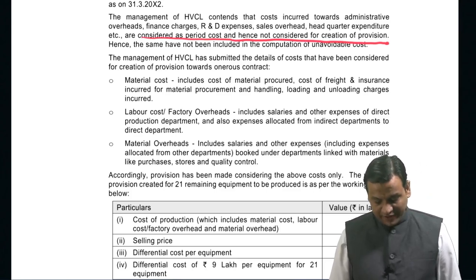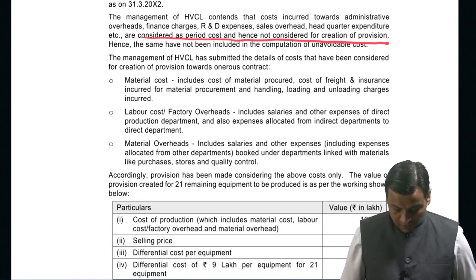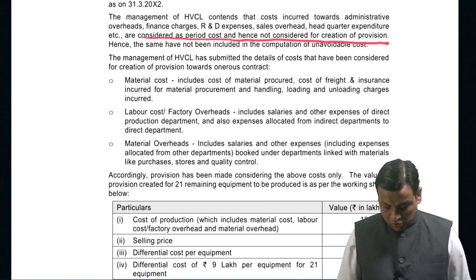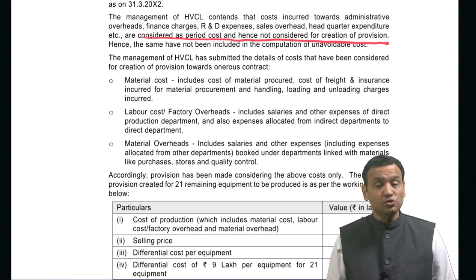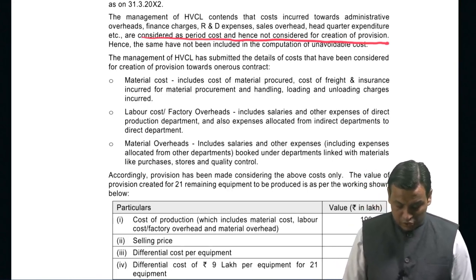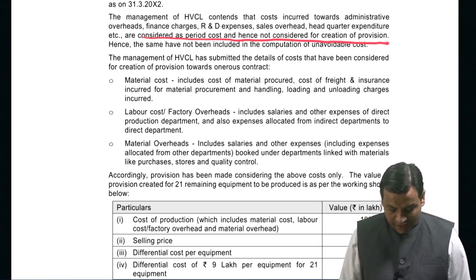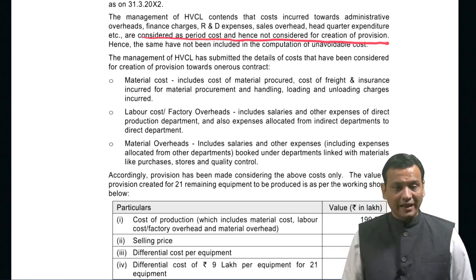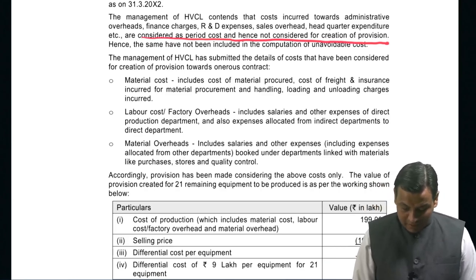Labor cost and factory overheads include salaries and other expenses of direct production departments and also expenses allocated from indirect departments to direct departments. Material overheads include salaries and other expenses, including expenses allocated from other departments, booked under departments linked with material like purchases, stores and quality control. Accordingly, provision has been made considering the above cost only.